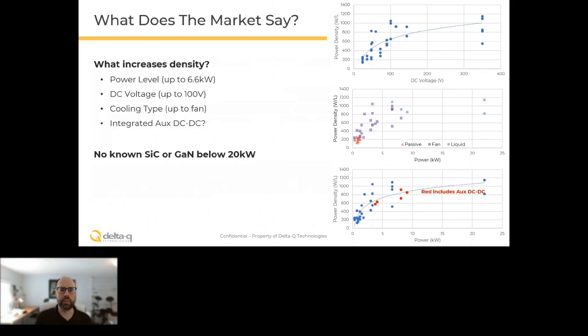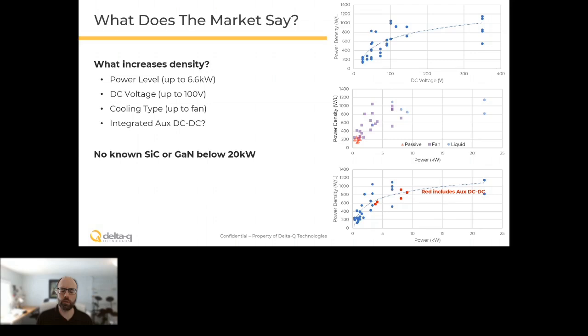Cooling type. In the middle there, you've got a few passively cooled lower power chargers in red, and some fan cooled in purple, and some liquid cooling in blue. And you can see that again, stepping up to fan cooling makes a big impact. From fan to liquid cooling, maybe less so. And finally, in the bottom right, the points in red are chargers that also integrate aux DC-DC converters.